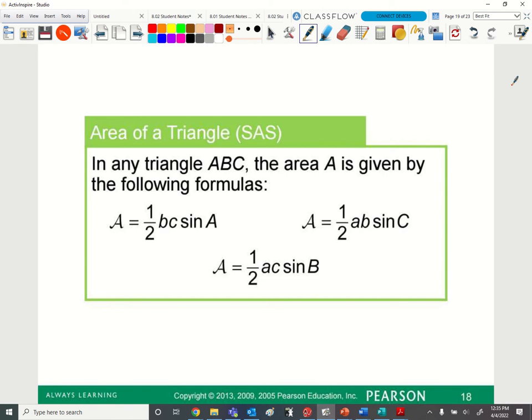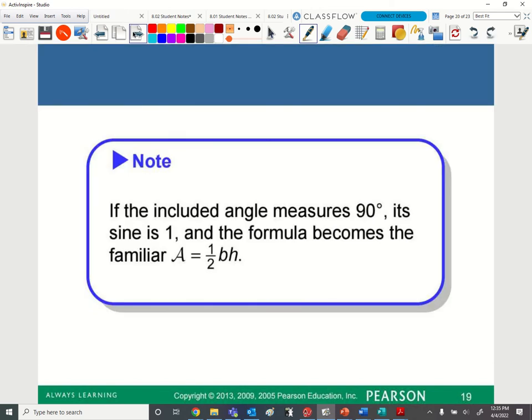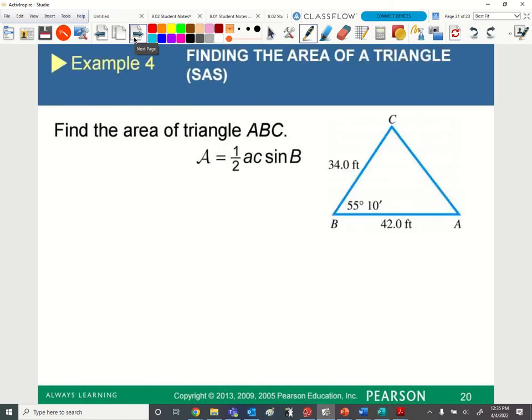The third one is big B, but I have little a and little c. So when I have my triangle and I have it set up, I have an ABC. And it has to be specific for this.